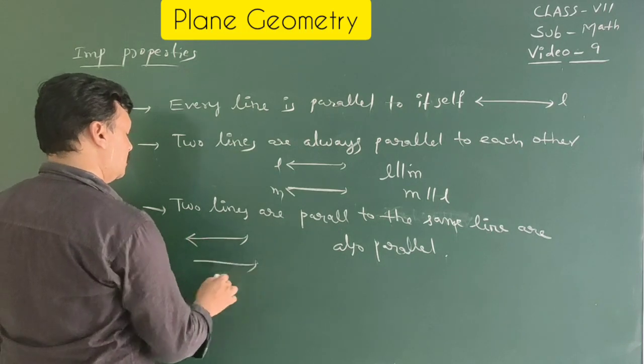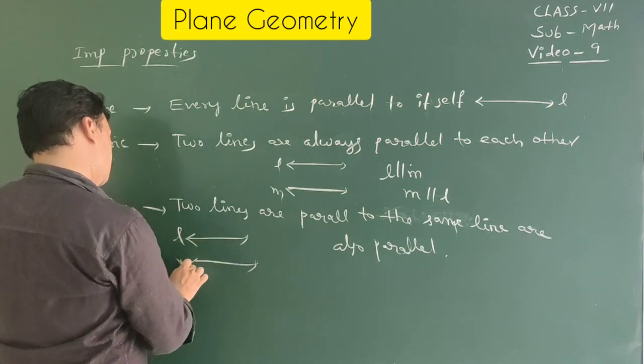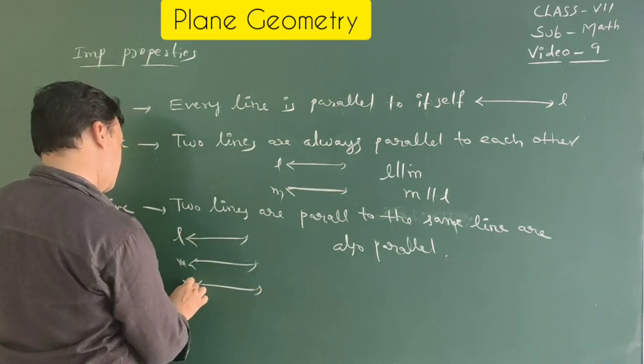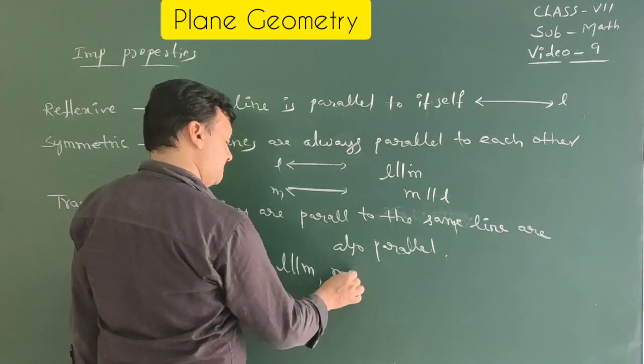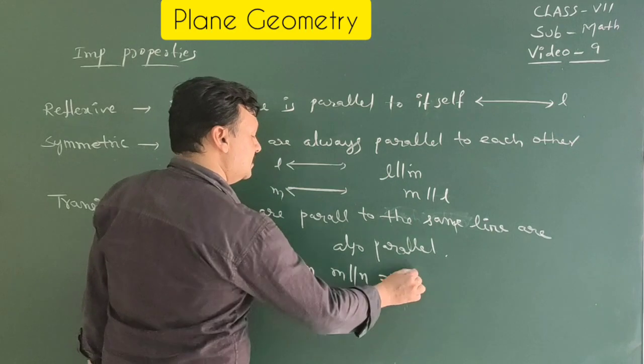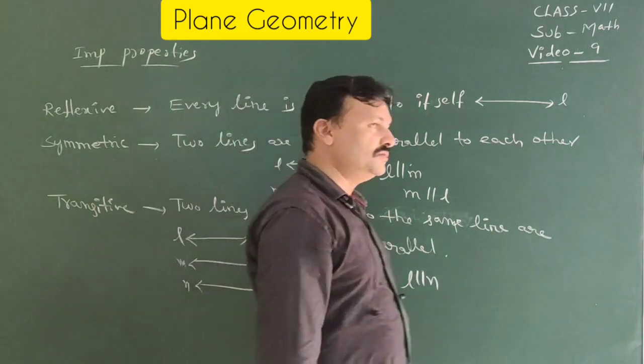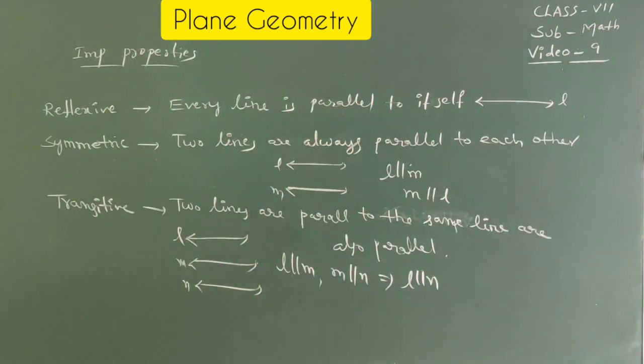Already we proved this one. L is parallel to M, M is parallel to N, so L is parallel to N. Two lines parallel to the same line are also parallel. This is the transitive property.